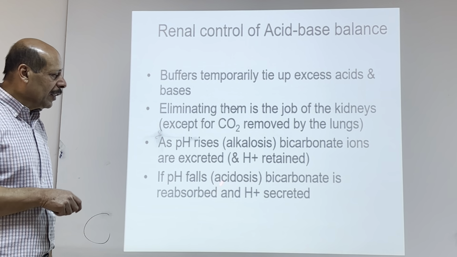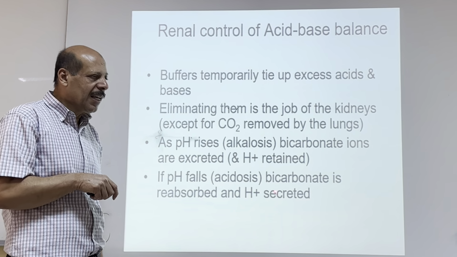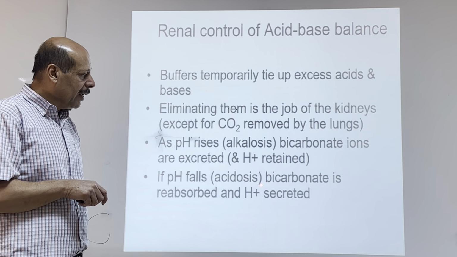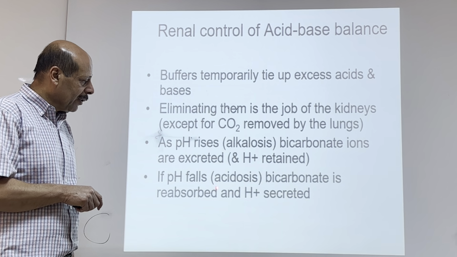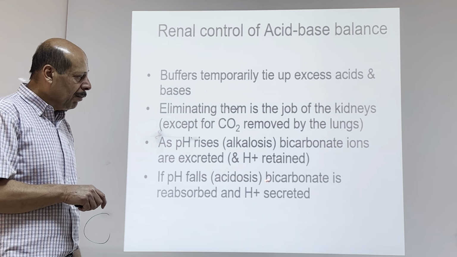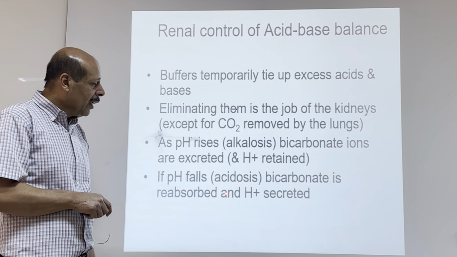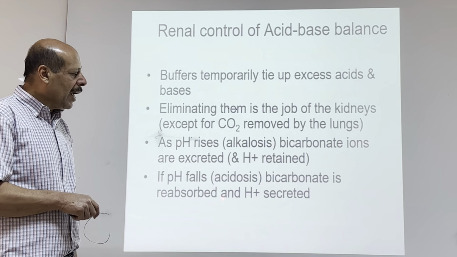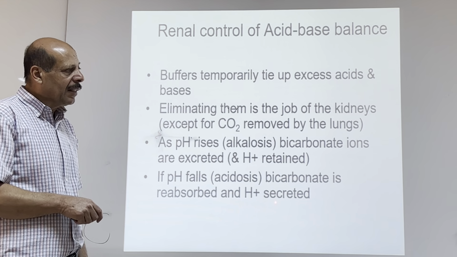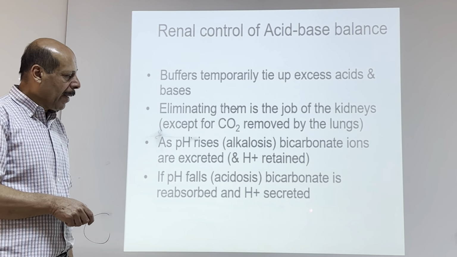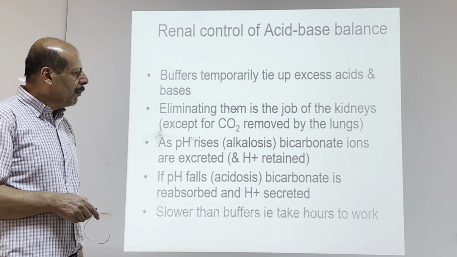If the pH falls, if acidosis, if the pH is less than 7.35, in this case bicarbonate is reabsorbed in order to raise the pH of the blood, and the hydrogen will be excreted and will not be reabsorbed. So by that, the pH will be maintained.